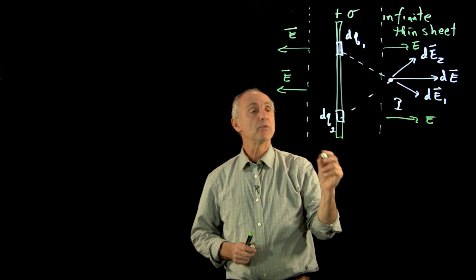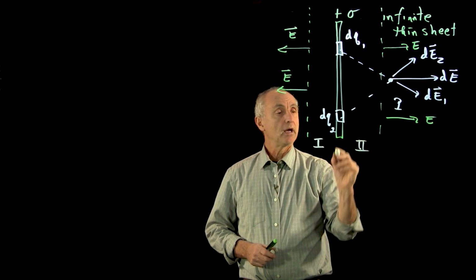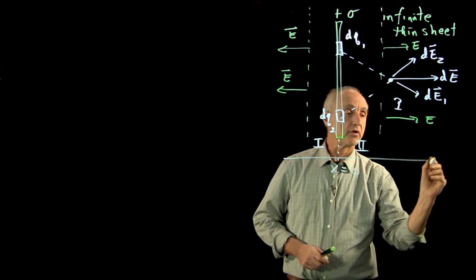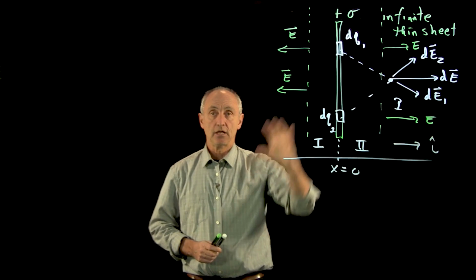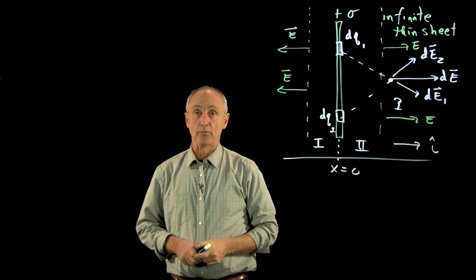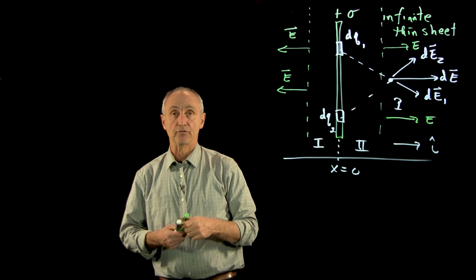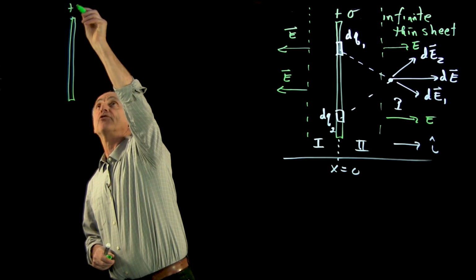Now, in this problem, we have two regions, on the left and on the right. Let's put our sheet at x equals 0, and we'll call this our x-axis, and we have a unit vector i hat. This is the beginning of the setup for this problem. Now we can apply Gauss's law by choosing a Gaussian surface. So let's draw our sheet again, plus sigma.